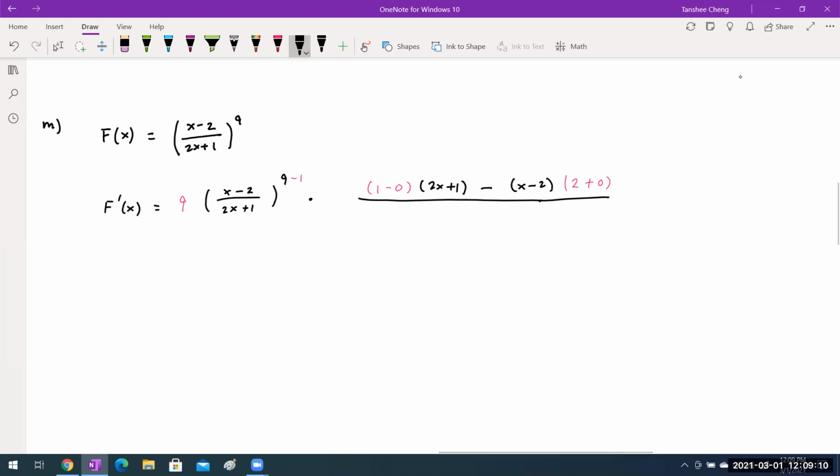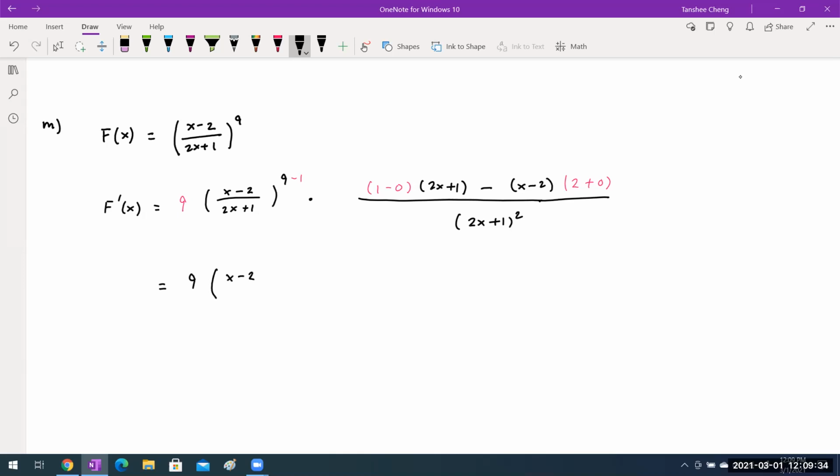And all over the denominator squared, which is 2x plus 1 quantity squared. So if we simplify a little bit, notice that if you are clear and you get used to it, you can do it like mine, the way that I'm doing. I don't need to write down every little detail. I read the formula out loud and then take the derivative right away. And that requires lots of practice.